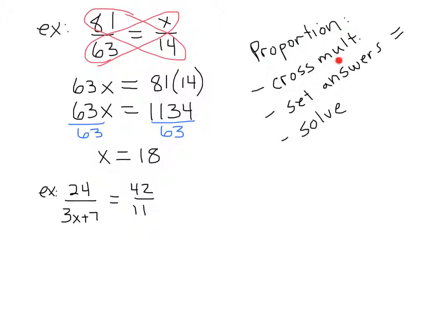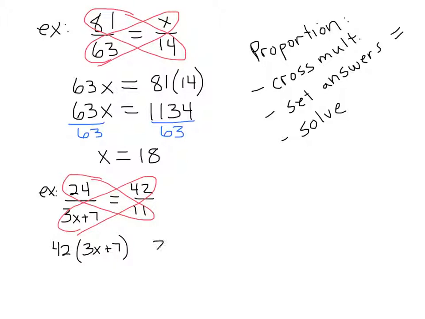So the first thing I'm going to do is cross multiply. All right, so I'm going to crisscross multiply. We're going to take 42, and we're going to multiply it by 3x plus 7. Now I'm going to cross multiply the other way, 24 times 11.